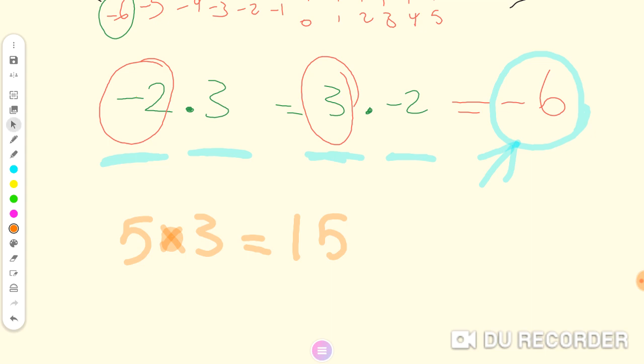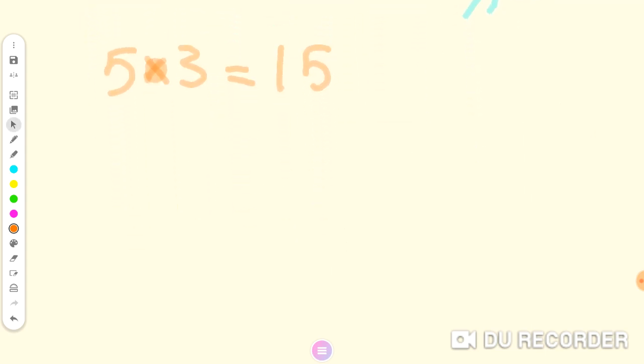What about if I multiply negative numbers? Like negative 2 times negative 2, how do we apply it? Okay, let's start on the number line.